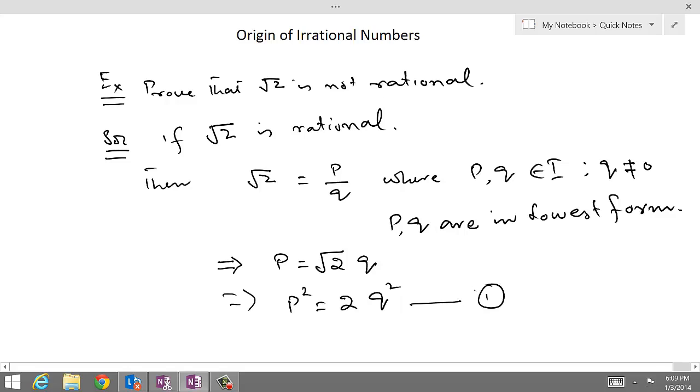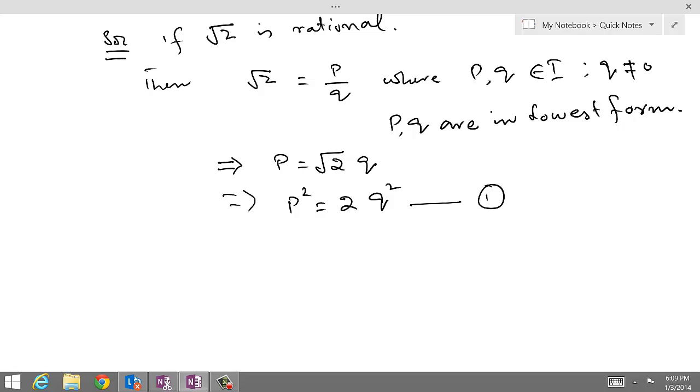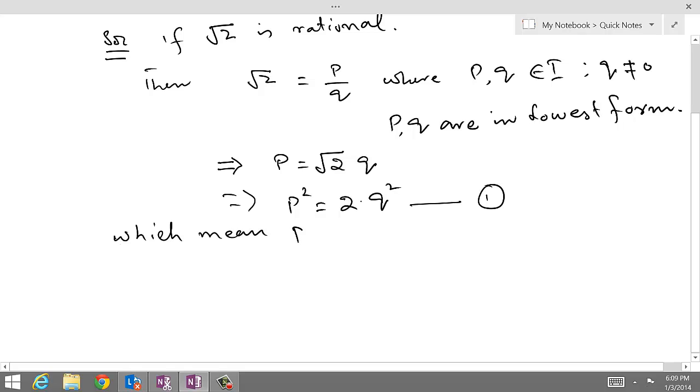Let's call this equation 1. If we carefully look at equation 1, it means that p square is even, because any number that has 2 as one of its factors is called an even number.